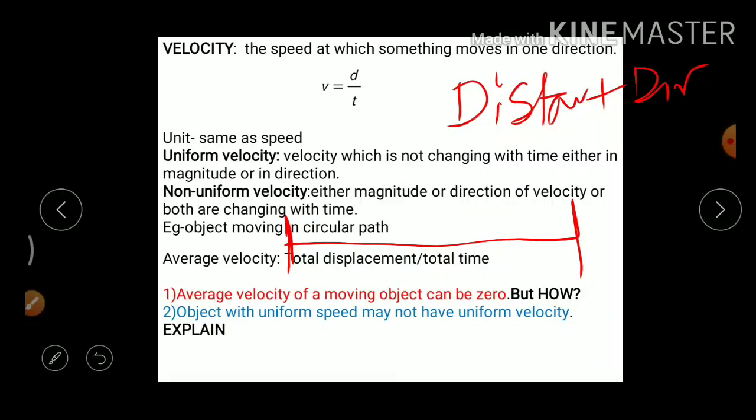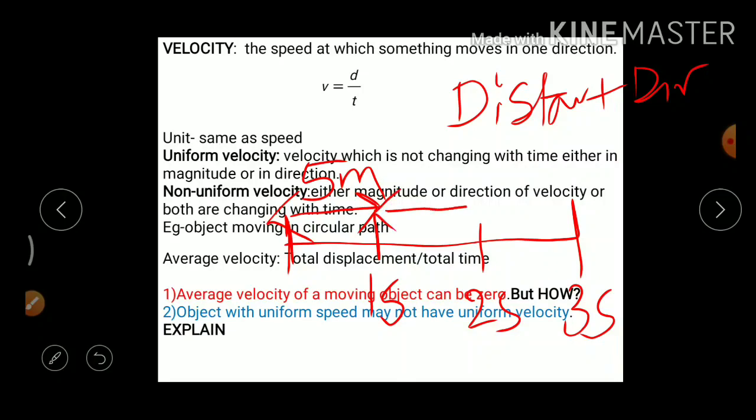Suppose this is 1 second, this is 2 seconds, and this is 3 seconds. Suppose in 1 second it goes 5 meters, in another 1 second it also goes 5 meters, then in another 1 second it also goes 5 meters. So this is a uniform velocity case.